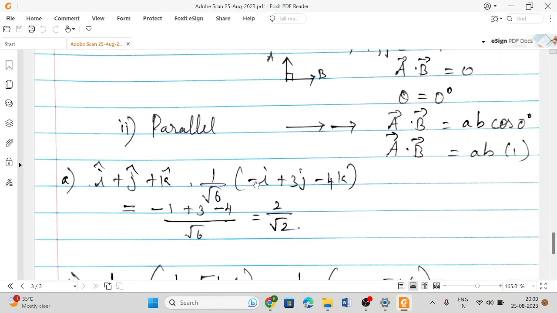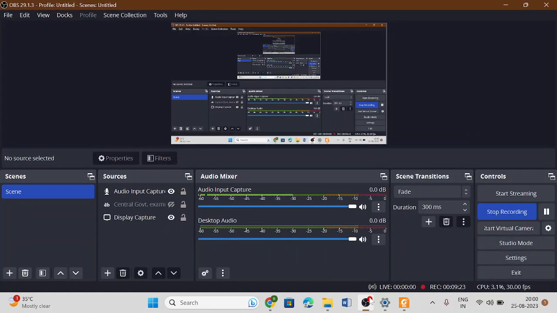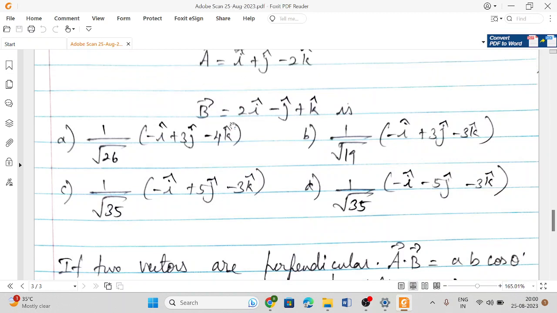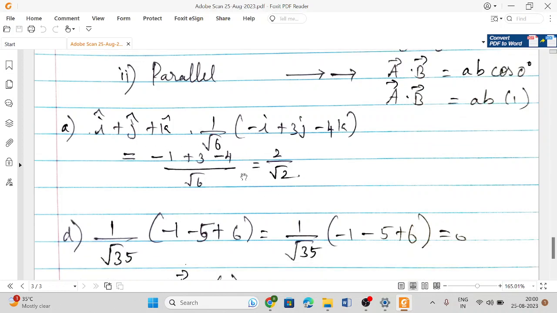So if I take option A, with the help of this option, we take a dot product with A and B. If I take a dot product, I get a number, so obviously these two vectors are not perpendicular.